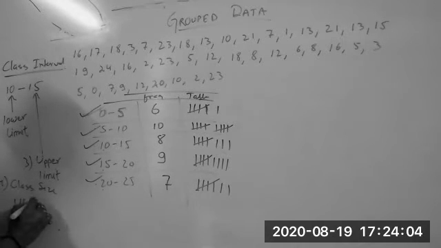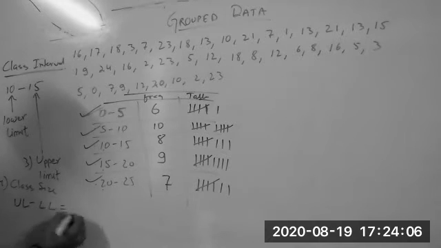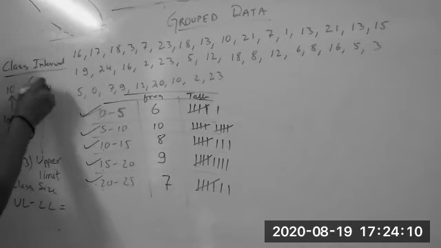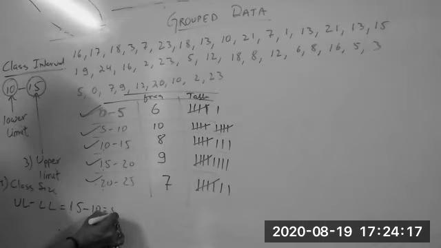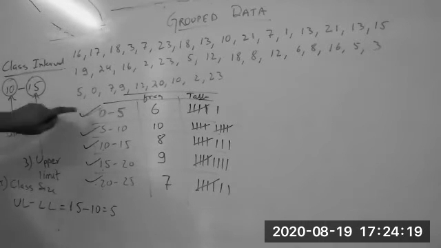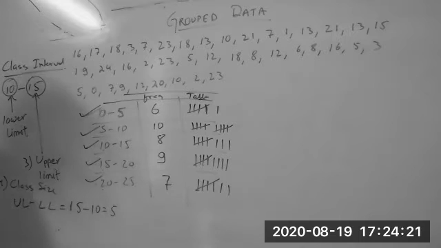That means 15 minus 10 equals 5. We say that class size is 5. Upper limit minus lower limit is known as class size.